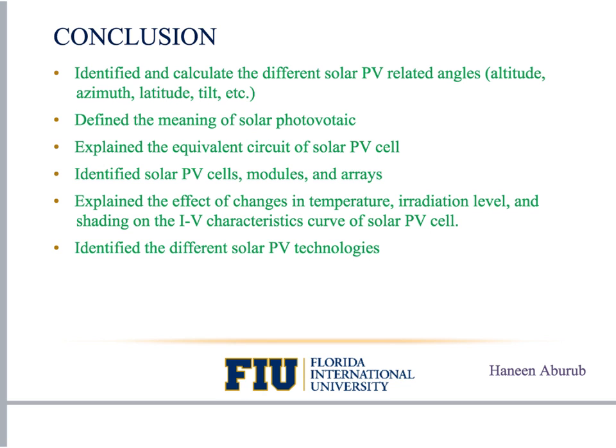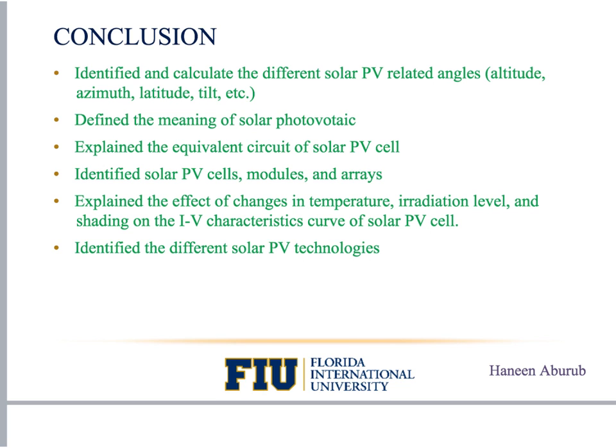By that we reach our conclusion, in which we identified and calculated the different solar PV related angles, such as the altitude, the azimuth, the latitude, the tilt, and so on. Then we defined what we mean by solar photovoltaic, and what the equivalent circuits for solar PV are. Then we identified the differences between cells, modules, and arrays, and how modules can be connected together.